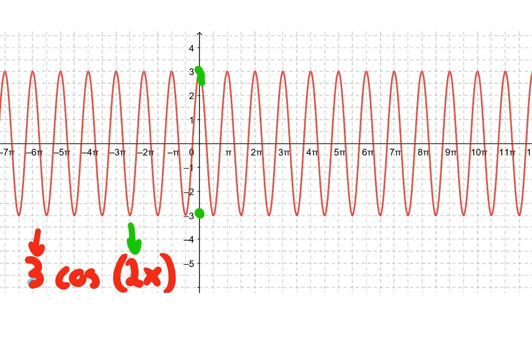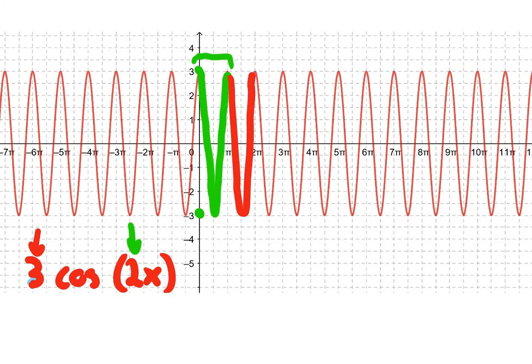So we start here at 3, all the way down to minus 3, all the way back up, and that period is 180 degrees. And then it starts again and repeats itself again between 3 and minus 3.